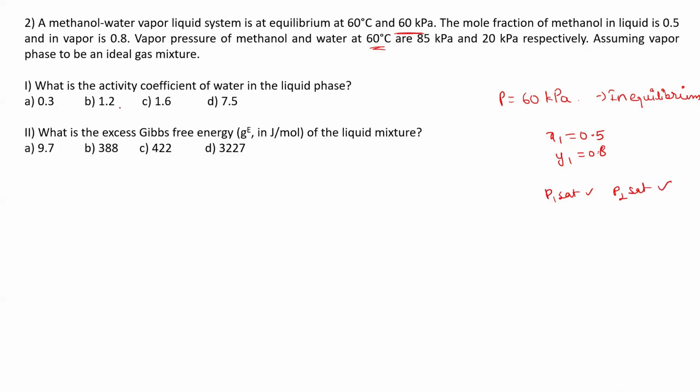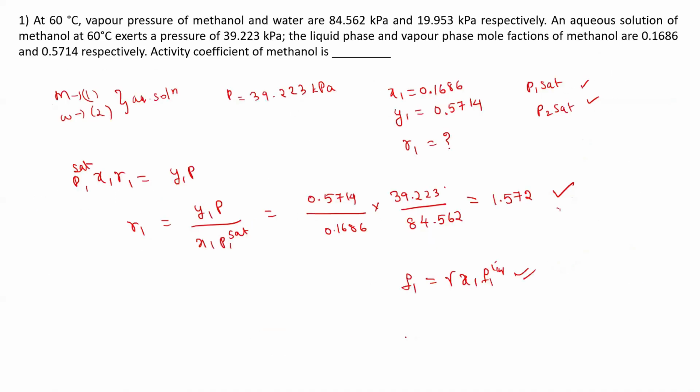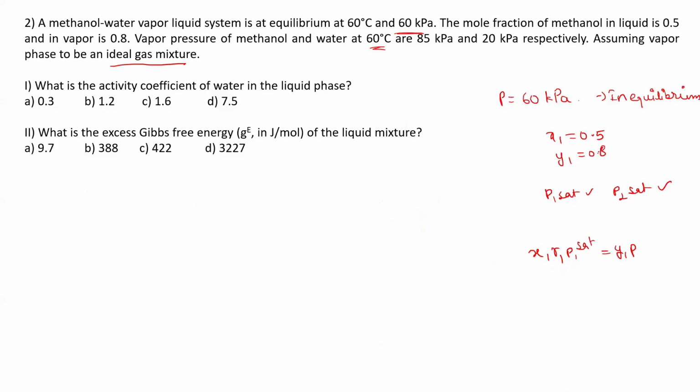Assuming vapor phase to be an ideal gas mixture, in this relation x1 gamma 1 P1 sat is equal to y1 P. As we discussed earlier, if both the ideal gas and ideal solution, gamma 1 is equal to 1. So here the vapor phase is an ideal gas and this is a non-ideal solution.